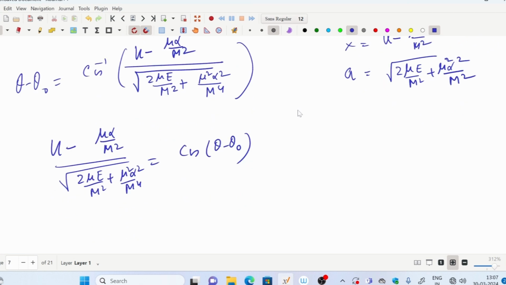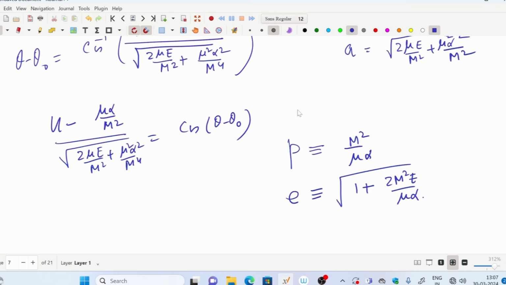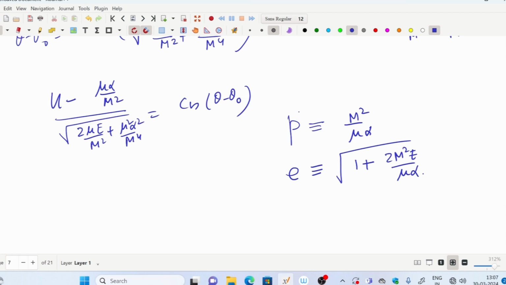So, if we write this equation with the help of some notation, say I denote p equal to m square over mu alpha, and a quantity e equal to root over 1 plus 2 m square E by mu alpha square. Suppose I define two quantities, then you can easily see u minus 1 over p. p is m square by mu alpha, so mu alpha by m square is 1 over p.